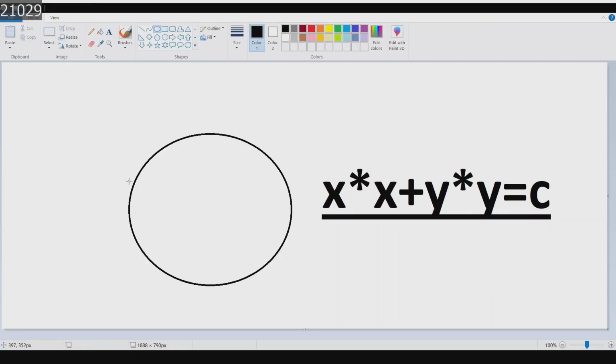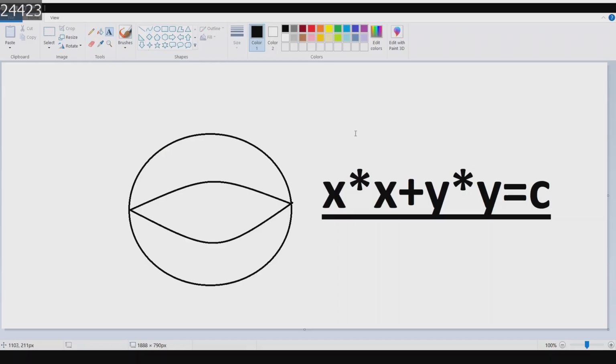Now, if we did, well, and also, now we have a two-dimensional thing of spherical.